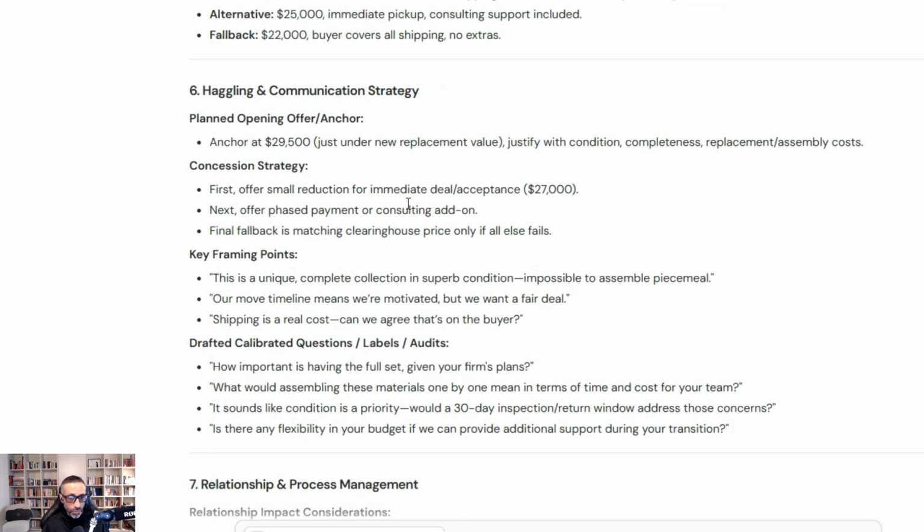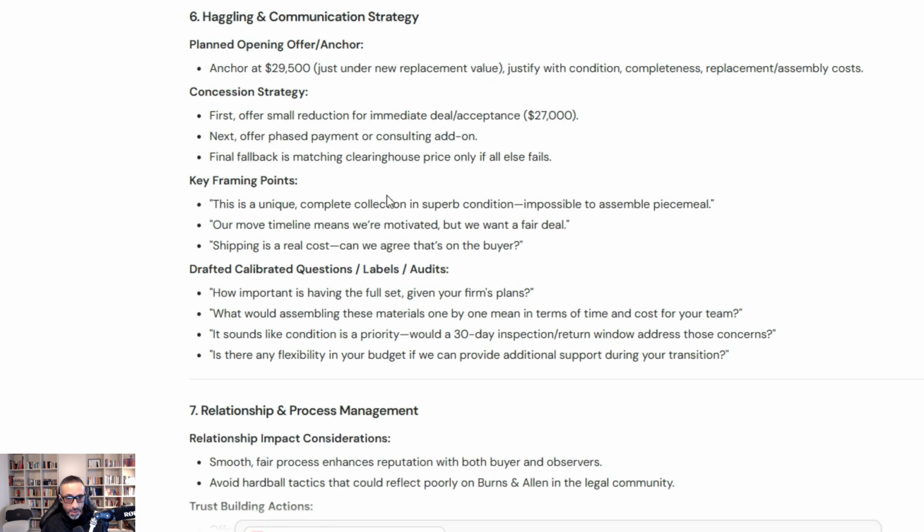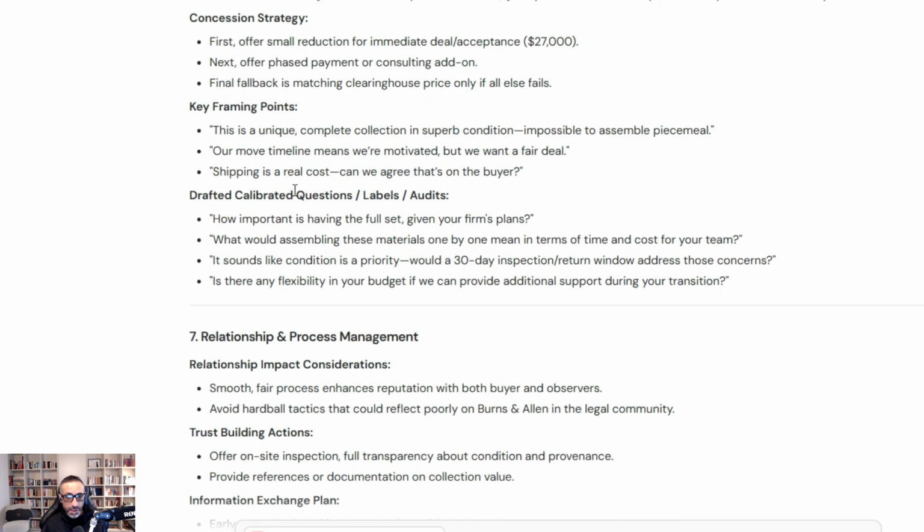And then, which is the first offer, the anchor, the concessions we can make, the framing points, and calibrated questions: how important is having the full set given your firm's plans? How would you assemble these materials one by one, in terms of time and cost for you? It sounds like the condition of the books is a priority. For example, would a 30-day inspection return window address these concerns? Is there any flexibility in your budget?